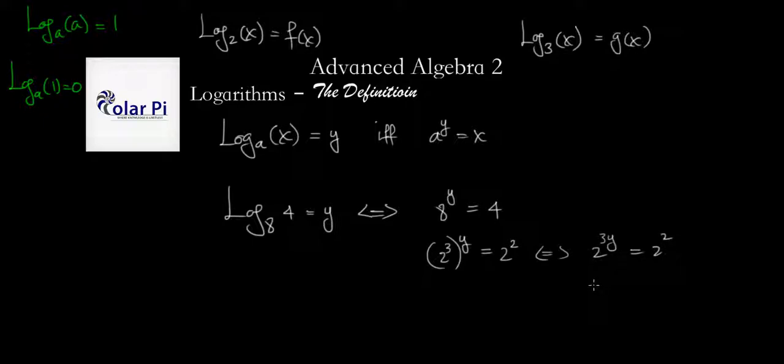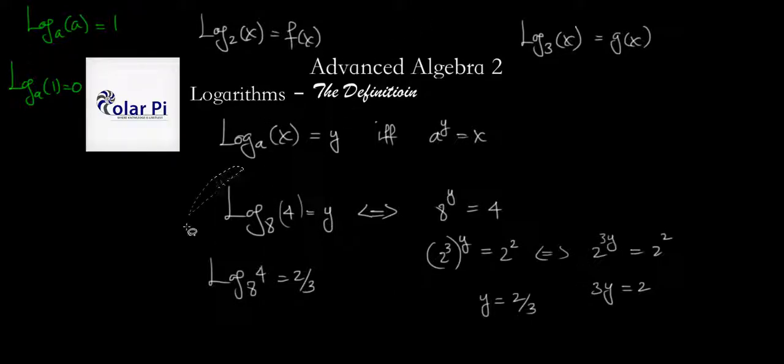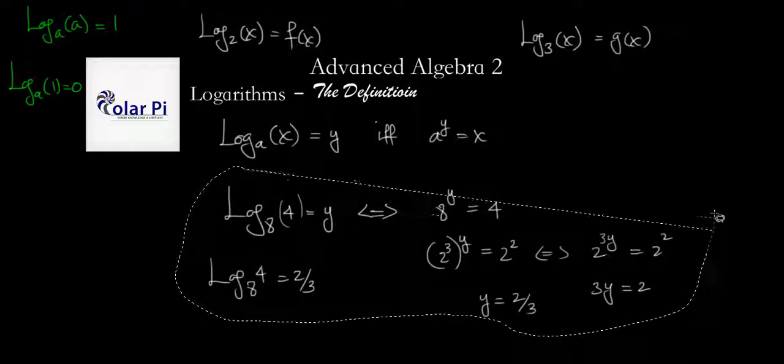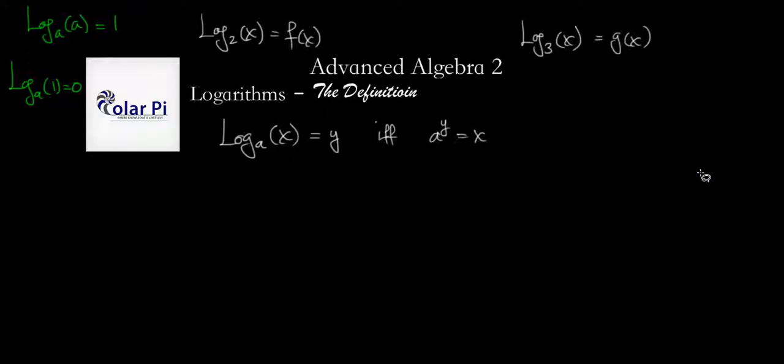So 3y is equal to 2, from which we gather that y has to be 2/3. So log base 8 of 4 is equal to 2/3. I hope you're also seeing the relationship between the arguments and the bases as we evaluate some logs. Okay, so what's next?